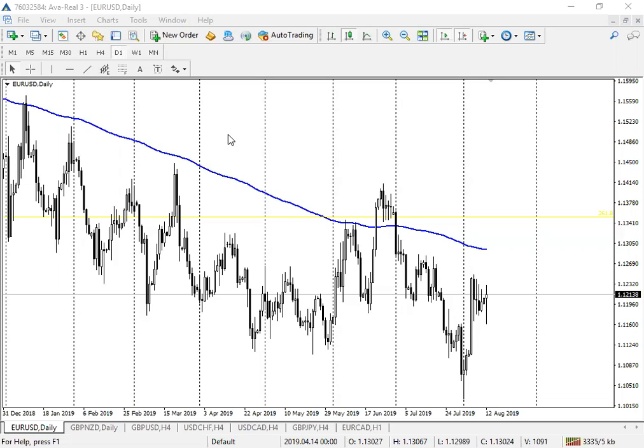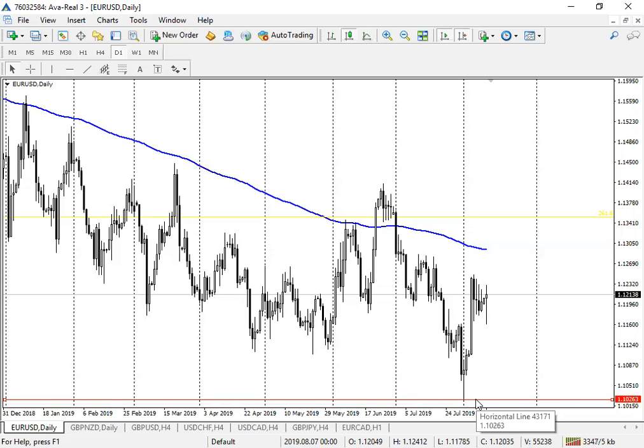Now we have seen a bit of a retracement to the upside, after a short spike to the downside to around 10.15. But the exact turning price is 10.26.